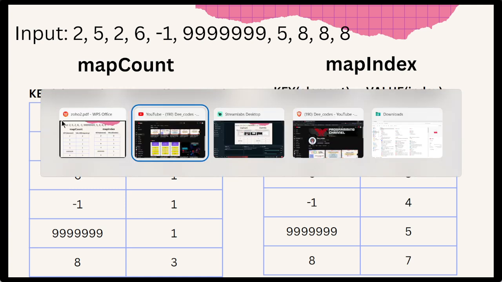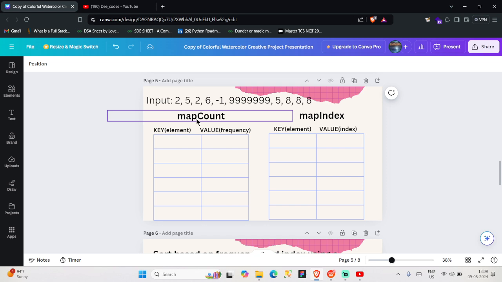Okay, I'll open the editable form. So we have this one right here. The first element is 2. I'll iterate through this array using a for loop. We will see if this element is already present in the map count or not. No, it is not already present.